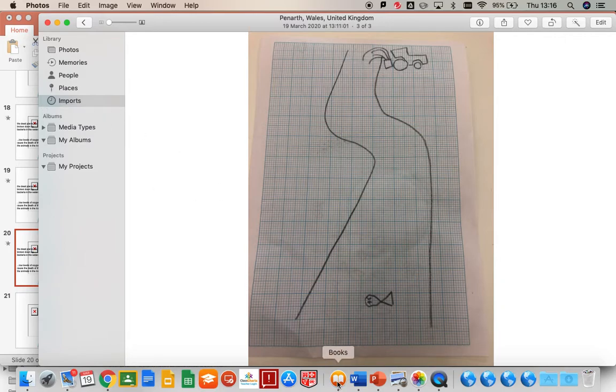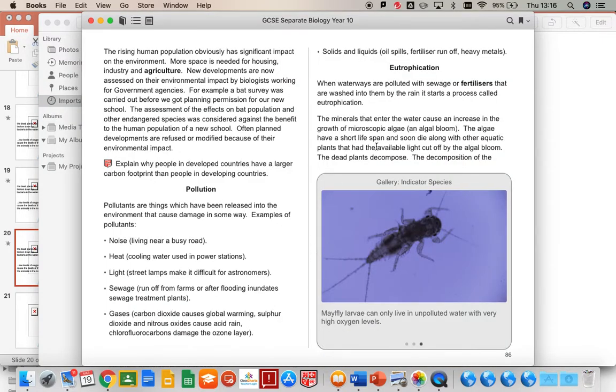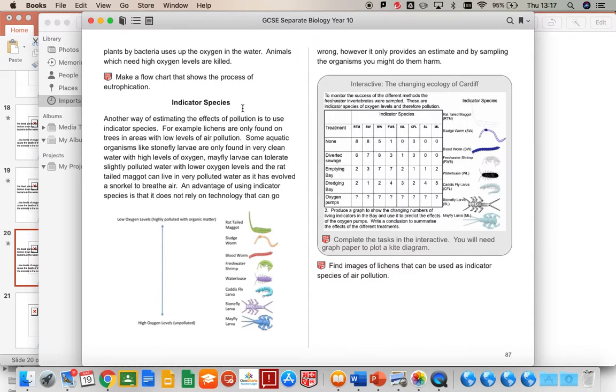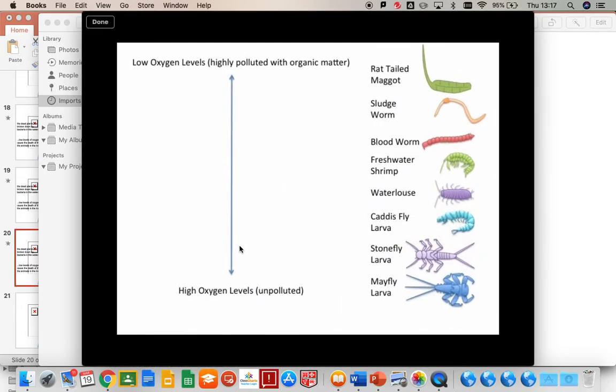For the kite diagram you will need to access your iBook, and what we see is that in rivers and streams we get different animals depending on how much pollution there is. We have things like the rat-tailed maggot, which as you can see has a great adaptation for getting oxygen from the air, so it uses this like a snorkel.